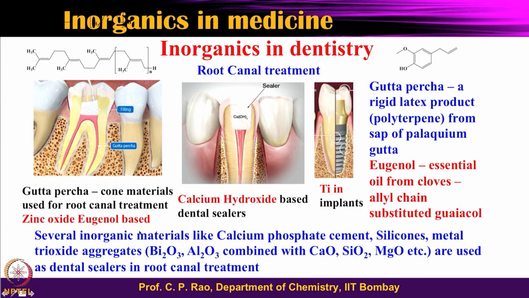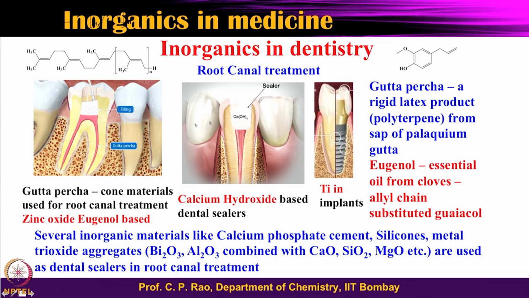Eugenol is the essential oil obtained from the clove, and it has an allyl chain which is a substituted guaiacol. So, gutta percha, eugenol, zinc oxide with eugenol, all these things can be used for filling the root canals. Also, you can see calcium hydroxide based dental sealers. You can seal these by using the calcium hydroxide material.